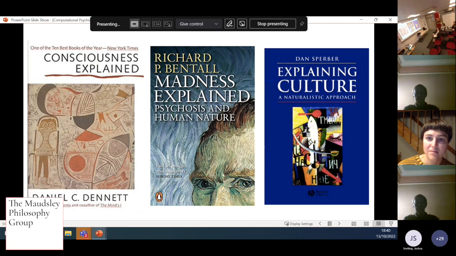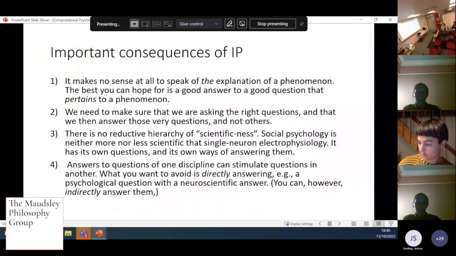I get what they're getting at, but strictly speaking, these are misleading, because you don't explain X. You explain why you get X as opposed to Y. So it makes no sense to speak of the explanation of a phenomenon. The best you can hope for is a good answer to a good question that pertains to a phenomenon. We need to make sure that we're asking the right questions and that we then answer those very questions and not other questions.